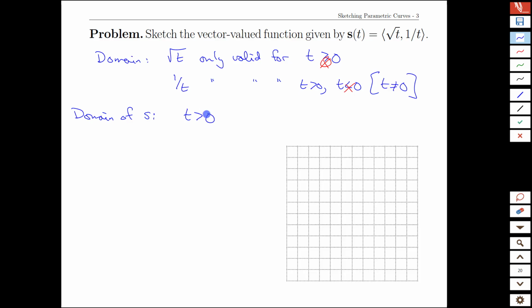Well, that informs our choice of values for our table of values. So what we might want to do here is be a little more careful about our selection of t's. Again, remembering that the x coordinates are going to be given by root t and the y coordinates by 1/t. So focusing in our domain of t larger than 0, we could start just past 0, which would be like 0.000001.